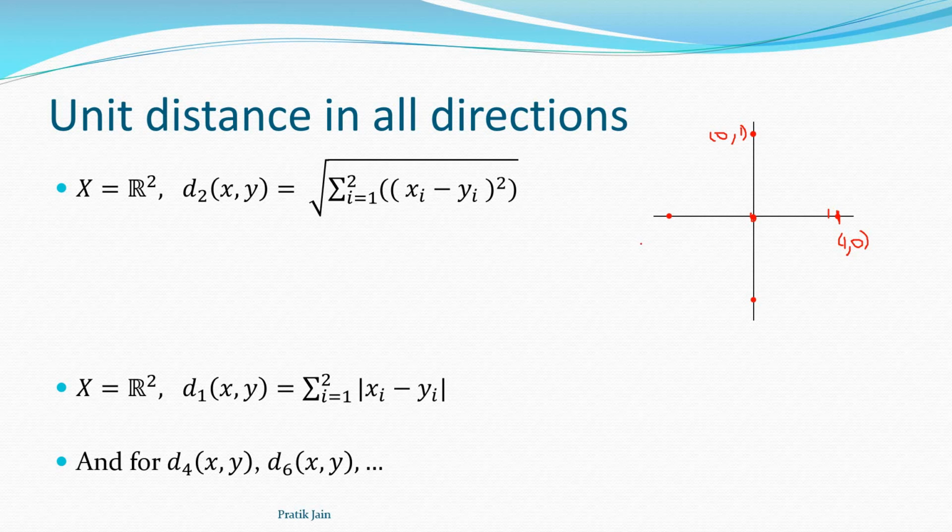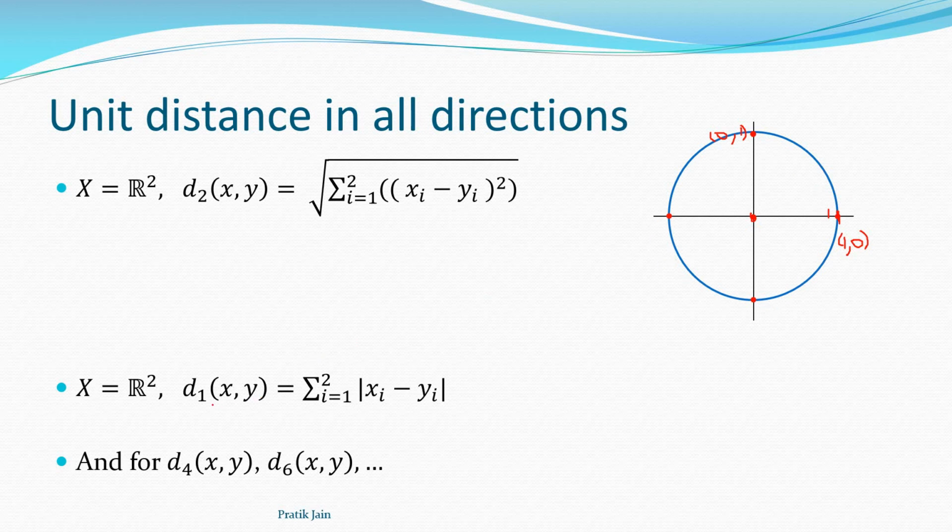So for the Euclidean space, we are very familiar that if you have a unit distance in all directions, then it will look like a circle, right? So all the points over here are of unit distance from the center. All the points have a unit distance, right?